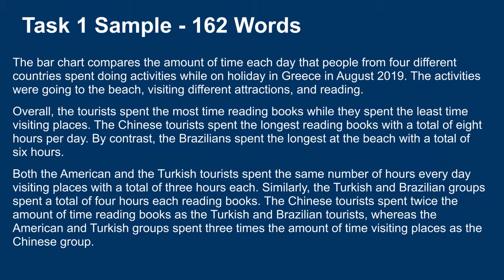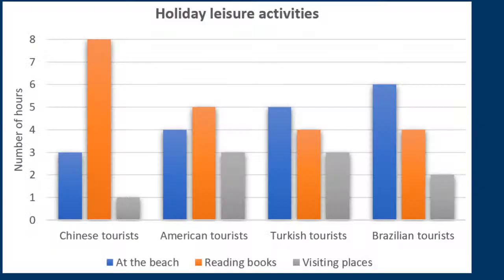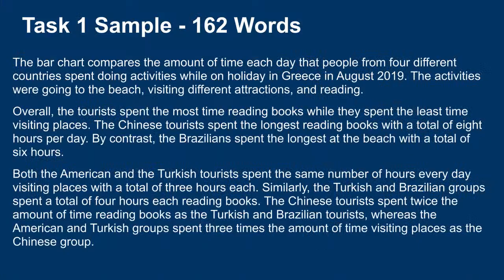And the activities were going to the beach, visiting different attractions, and reading. So they just basically told what this is. It's a bar chart comparing 4 countries and the activities they do. Okay, it didn't go into the specifics yet. Let's read the second paragraph.